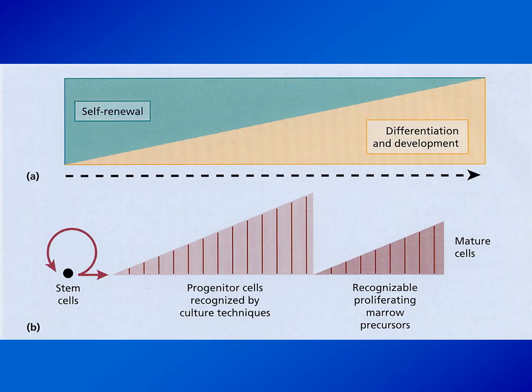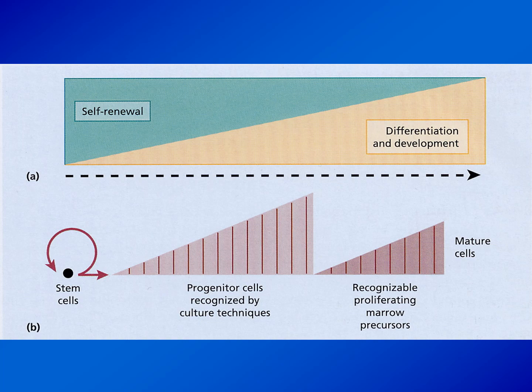This diagram shows the stem cell. It can proliferate and regenerate, there's self-renewal, and it can progress and mature to develop the progenitor cells that are recognized by culture techniques.